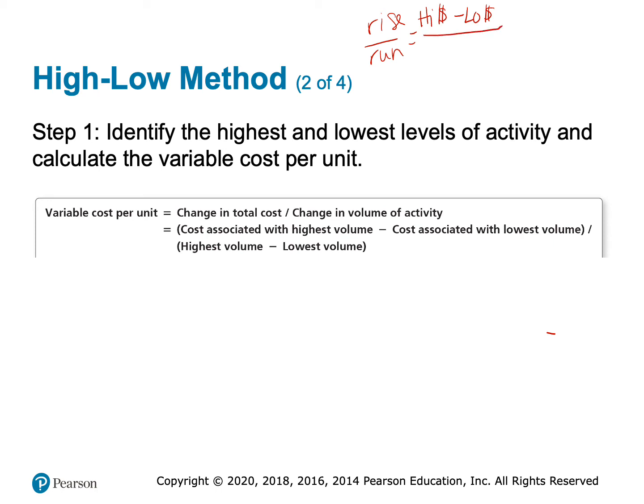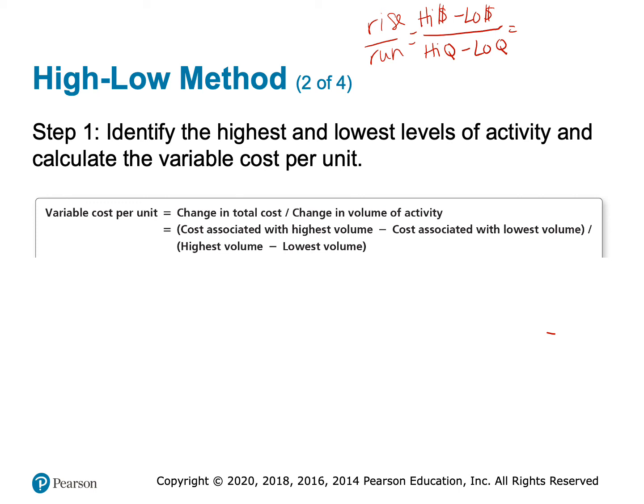Now the run portion is the horizontal portion. This is the change in quantity. So this is going to be your high quantity minus your low quantity. So we're going to just plug that data into our equation and solve for the slope of the line, which is our variable cost per unit.